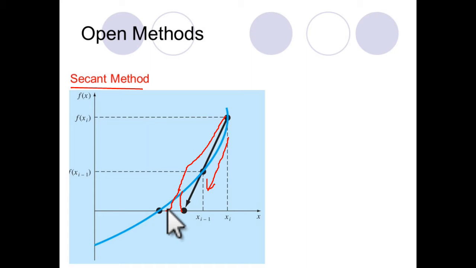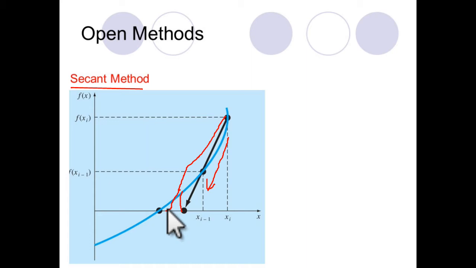This is the false position method. And the secant method is here.